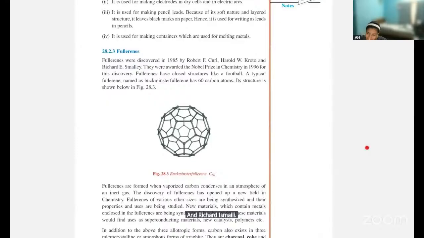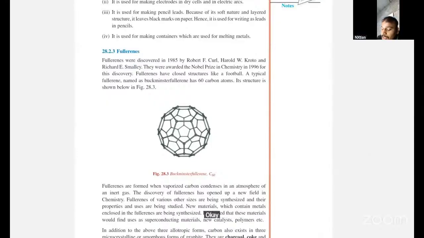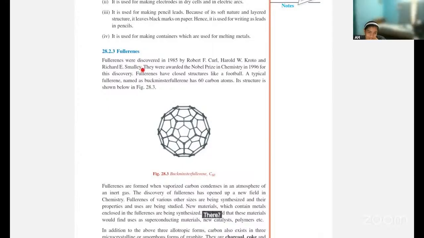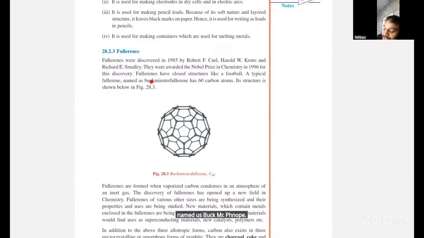They were awarded the Nobel Prize in Chemistry in 1996 for this discovery. Fullerenes have closed structures like a football. A typical fullerene, named Buckminster fullerene, is made up of 60 carbons.